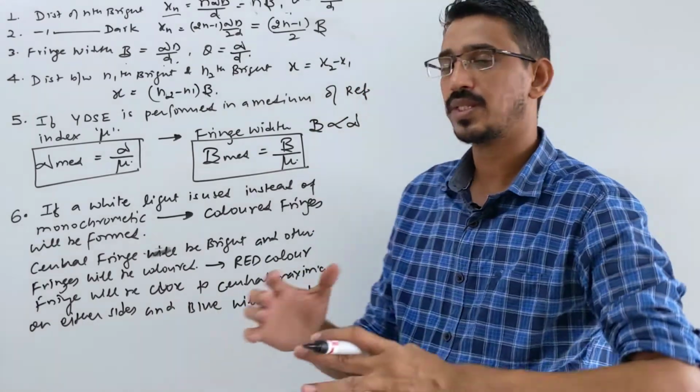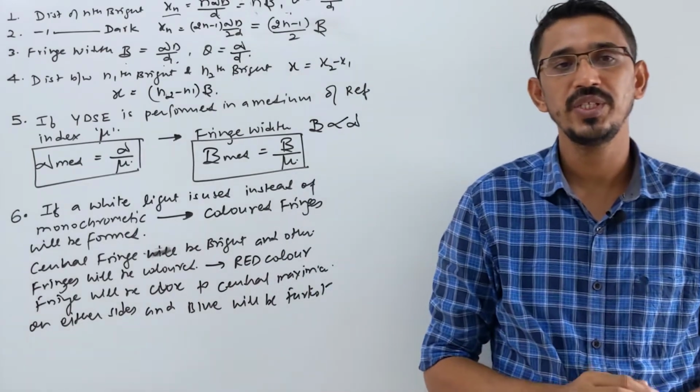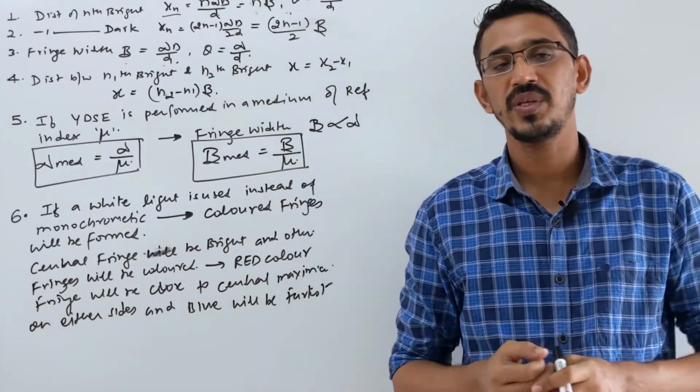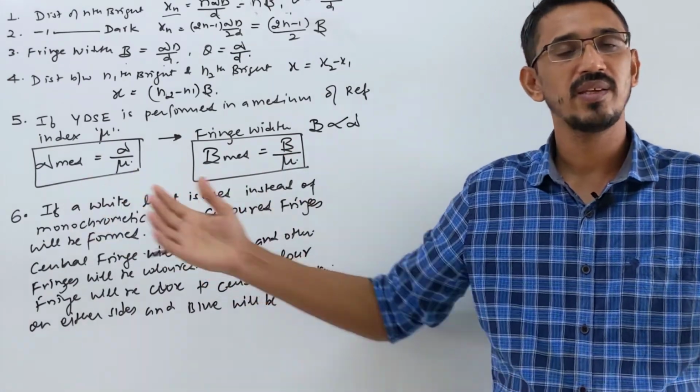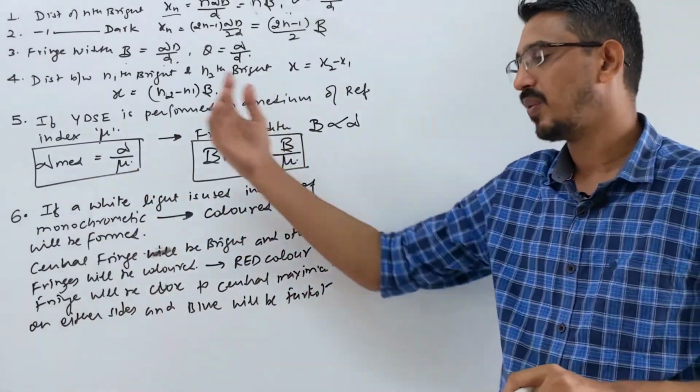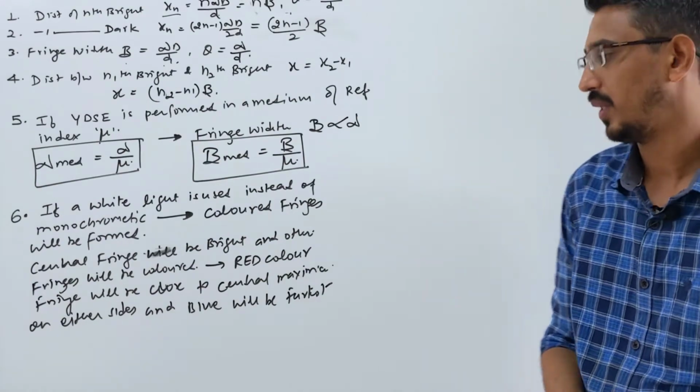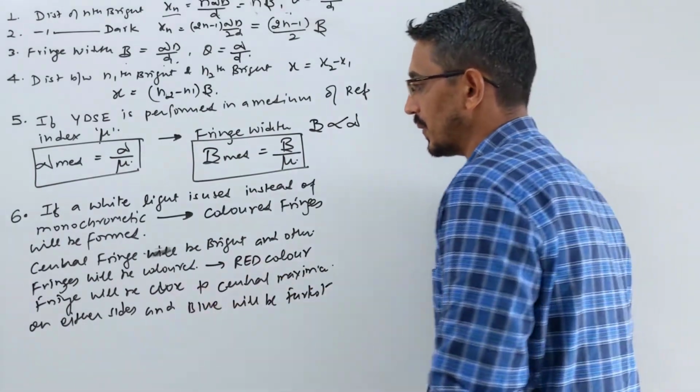Who will be nearest to your central bright fringe? Red color fringes on both sides. Then after that you will have the other colors in VIBGYOR order only, and last will be violet or blue color. Yes, this is what happens when white light is used.